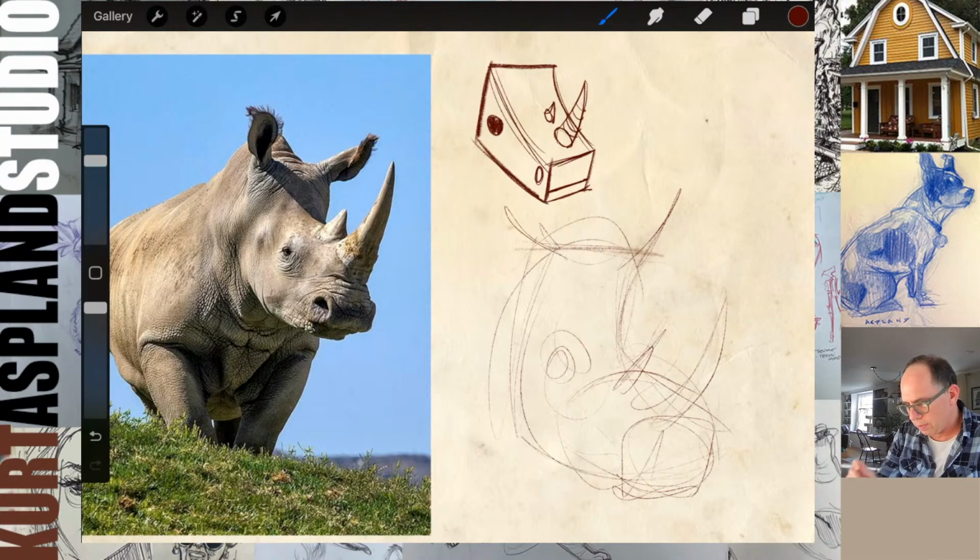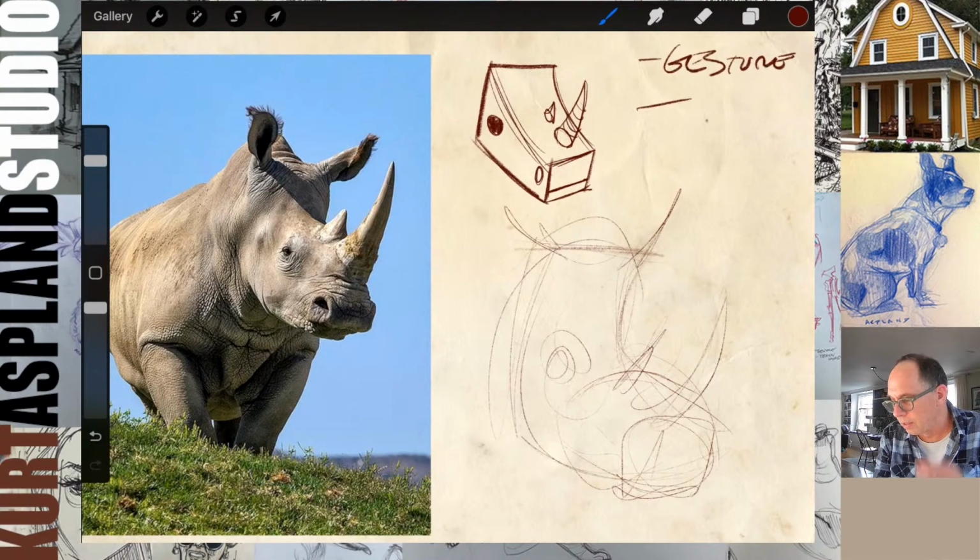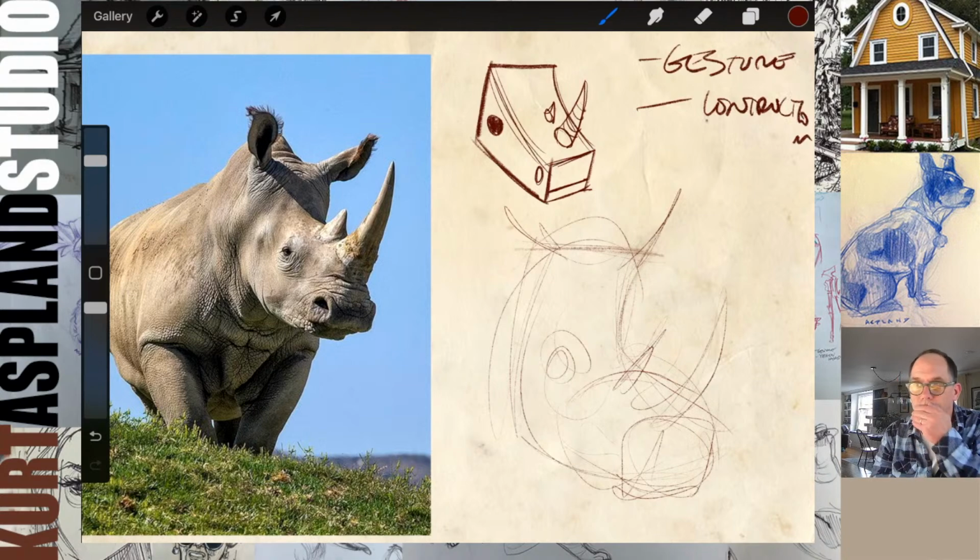Okay, now with this, usually the first phase of a drawing, I talk about doing a gesture. Then the second thing we do is construction, and that's what we've been working on. So let's see about doing that. Maybe that's the front end there, right?